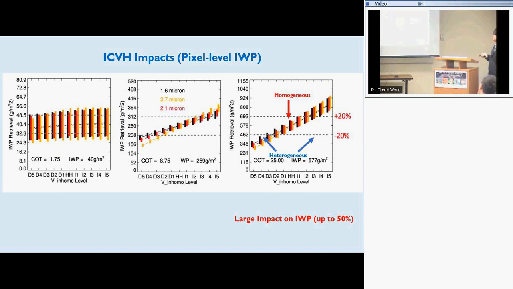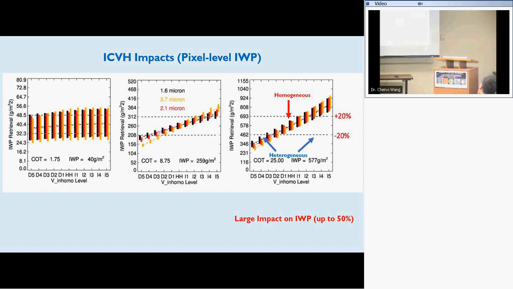For IWP, that's a totally different story. Here, when you have small particles near cloud top, you find that the retrieval underestimates the IWP by maybe 30% or even more. When you have larger particles near cloud top, the retrieval overestimates the overall IWP.